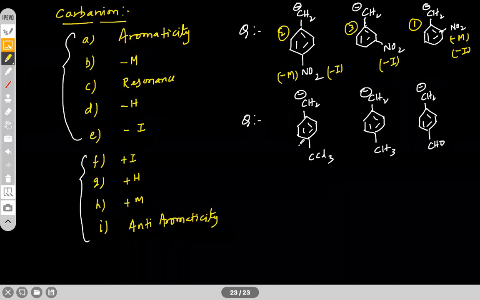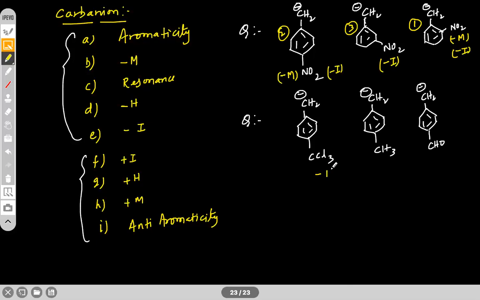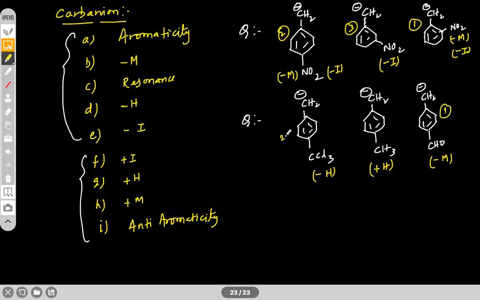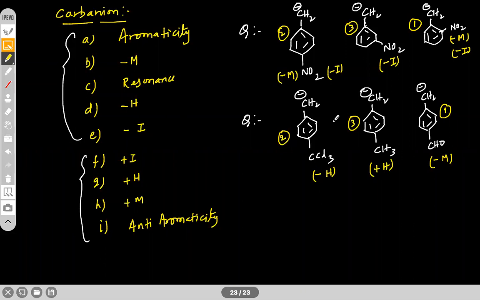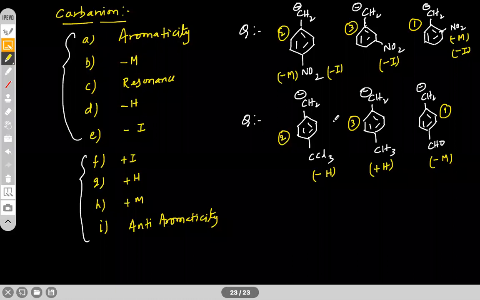Right? Rank is this. Here we have minus H, plus H, minus M. Minus M stabilizes more. So it is 1, it is 2, it is 3. Correct? So this is how we compare the stability of carbanion, free radical, and carbocation.